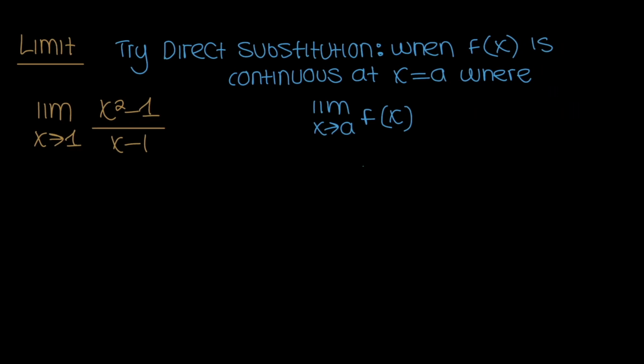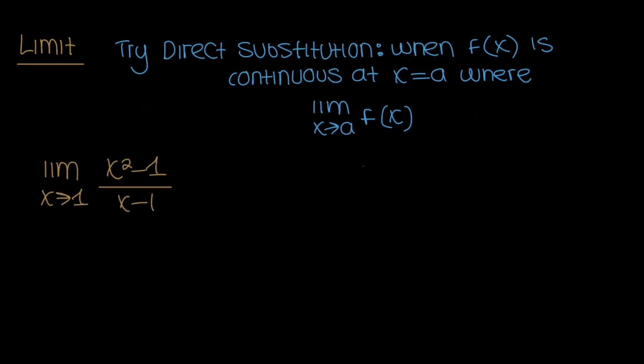Now let's go ahead and try direct substitution on this. I'll bring this down. 1 squared minus 1, 1 minus 1 equals 0 over 0. This is called the indeterminate form.